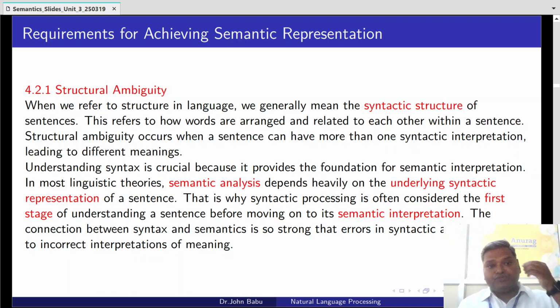When we have syntactical structure, there may be ambiguity in the structure. So understanding this ambiguity is very important in semantic parsing or semantic interpretation.